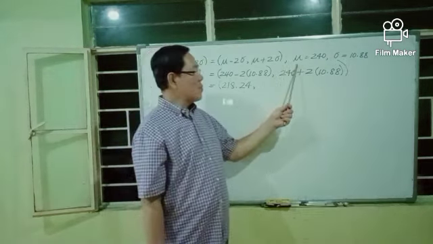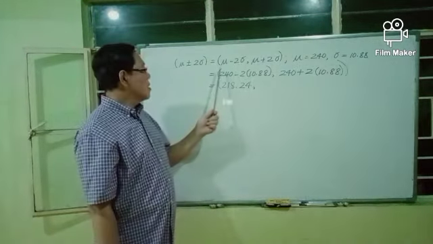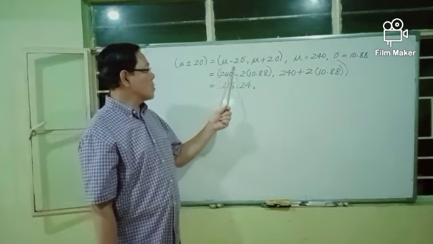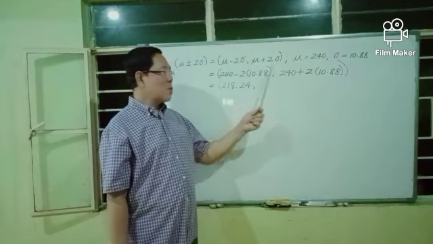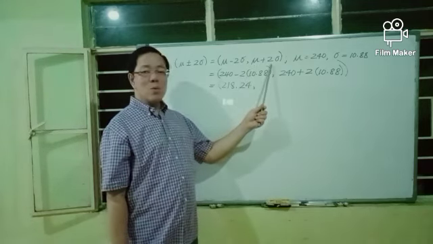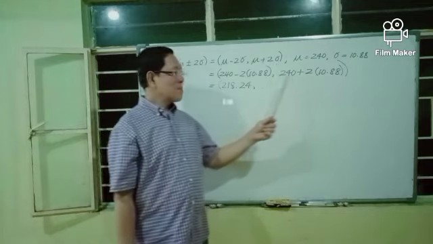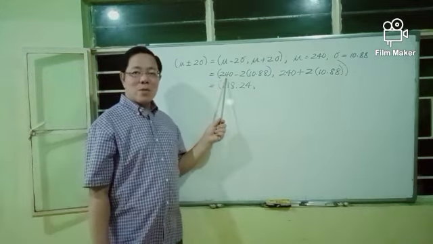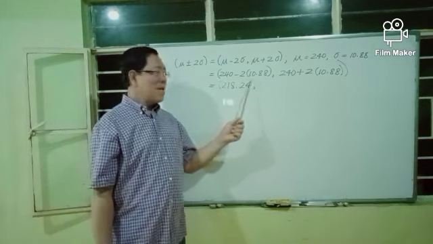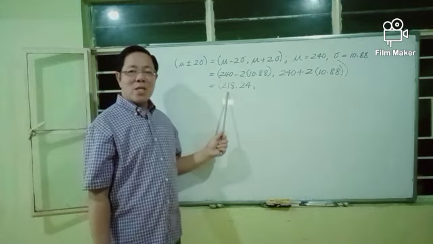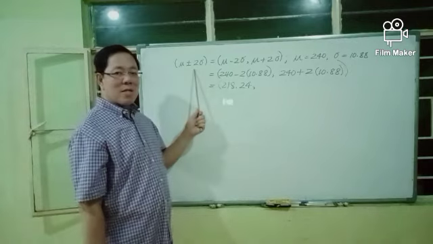We substitute mu and sigma into these limits. The lower limit is 240 minus 2 times 10.88, and the upper limit is 240 plus 2 multiplied by 10.88. Using your calculator, 240 minus 2 times 10.88 gives 218.24, and this is the lower limit of this interval.